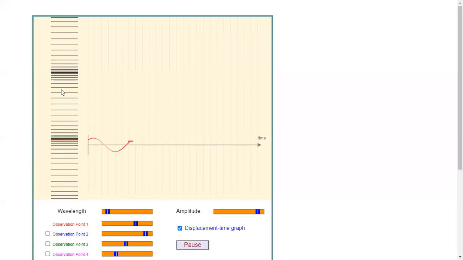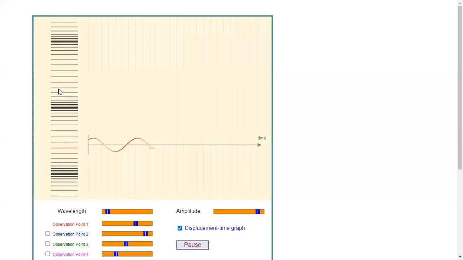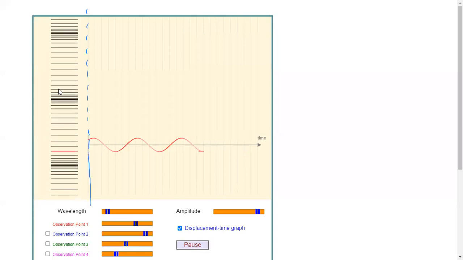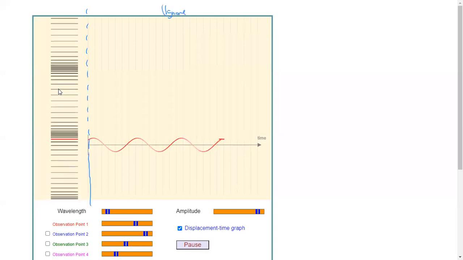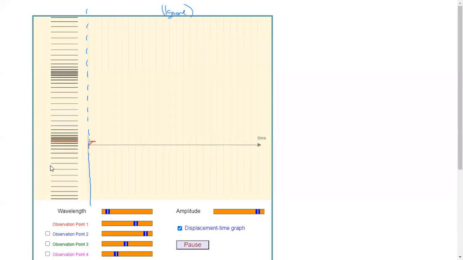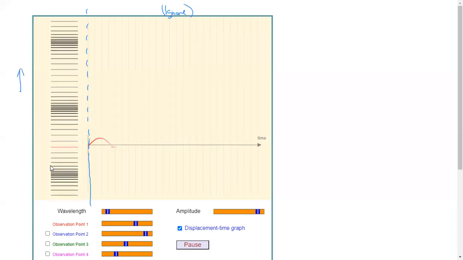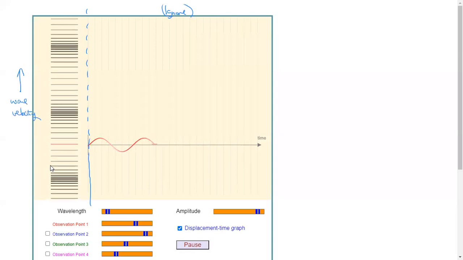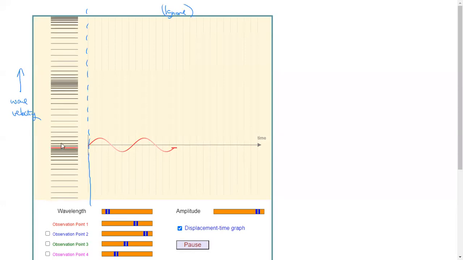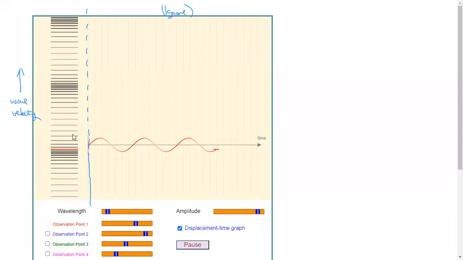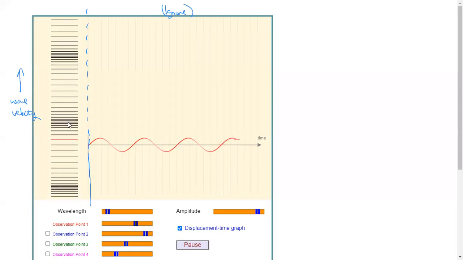Over here, you can pretty much ignore this for the moment and just look at the left. If you take a look at the left, the wave is going up. Now, you're probably not so familiar with seeing this wave, but you can definitely see this sort of pattern moving upwards, right? So we'll see this as a wave as it's going up.